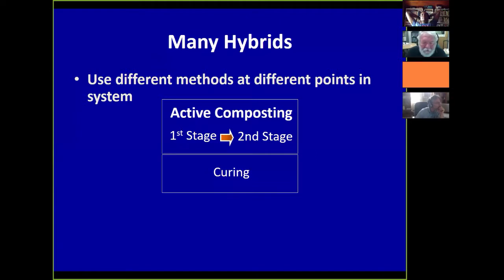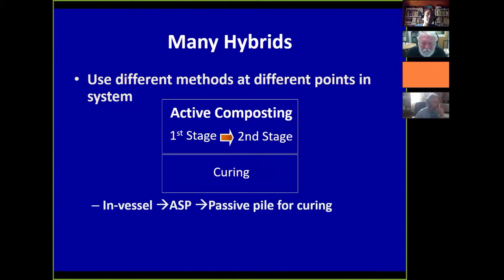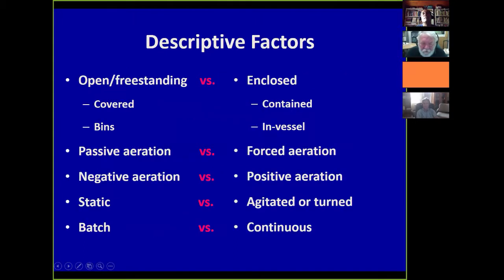We also see many hybrids used now, and hybrids consist of different approaches for composting followed by curing. So we can go with the in-vessel system to aerated static pile second stage to passive pile for curing, or we can go, and this is commonly used, aerated static pile composting followed by turned windrow curing, or some other combination.